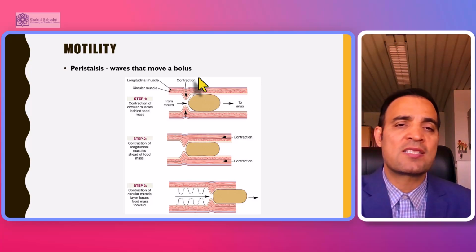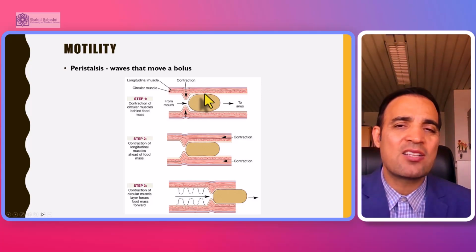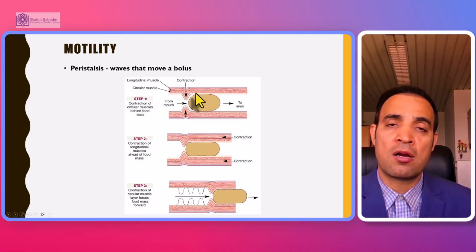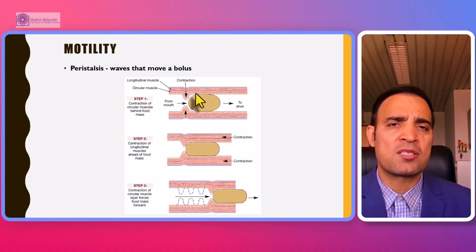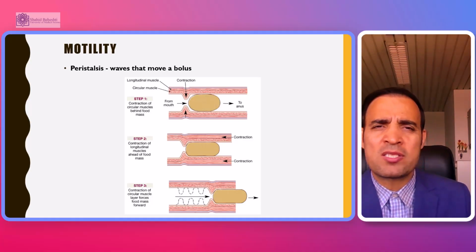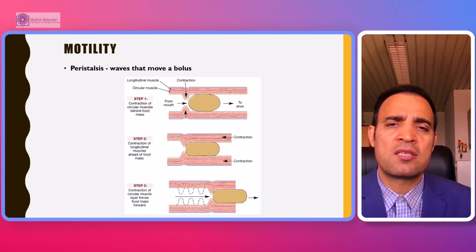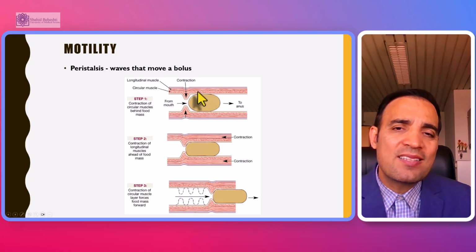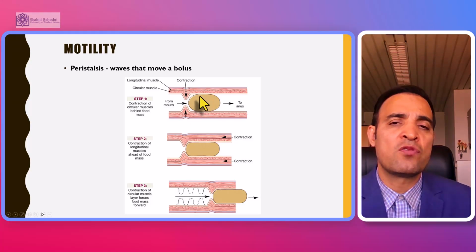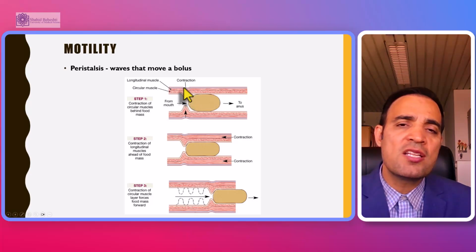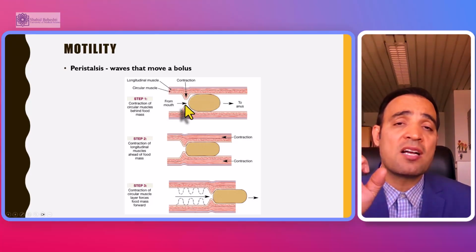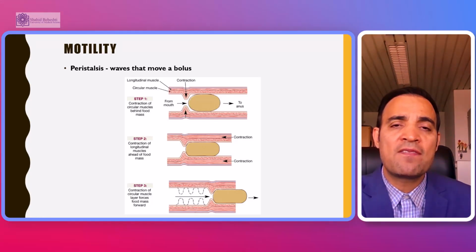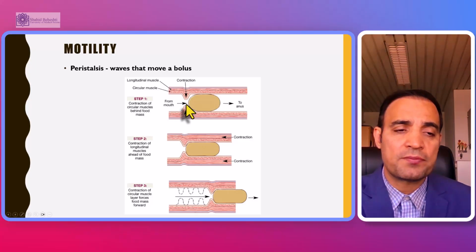For example, in step one, the food is here, and the contact of the food bolus with the wall structure of the esophagus, stomach, or small intestine, initiates a contraction, a ring contraction, just behind the food, and therefore here we have increased pressure.